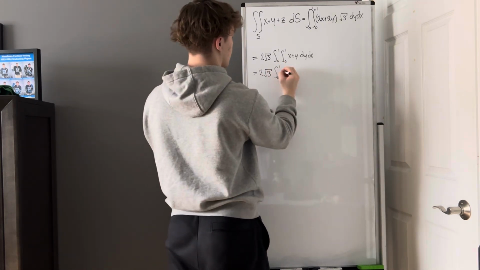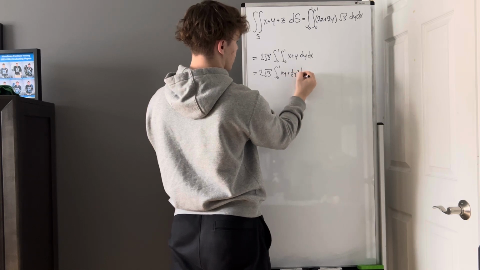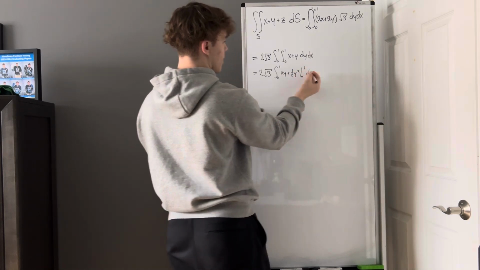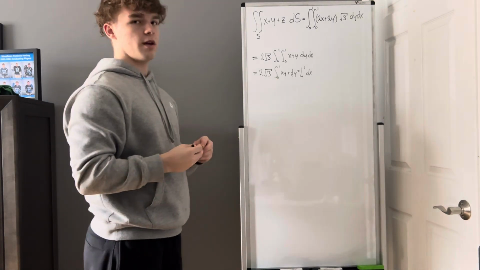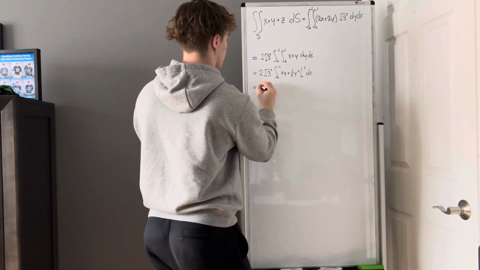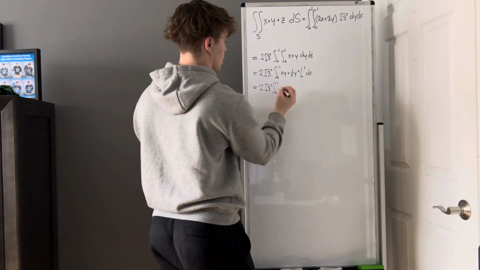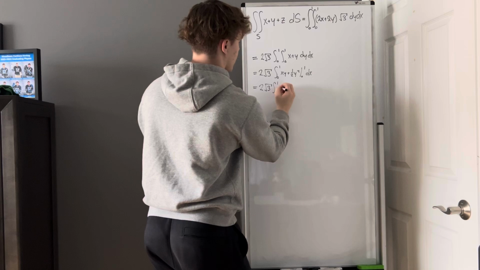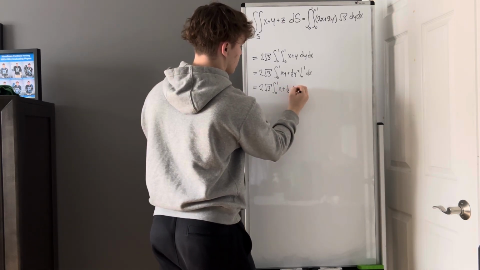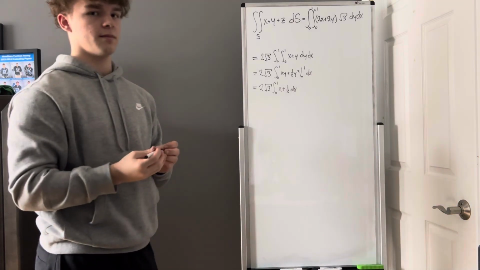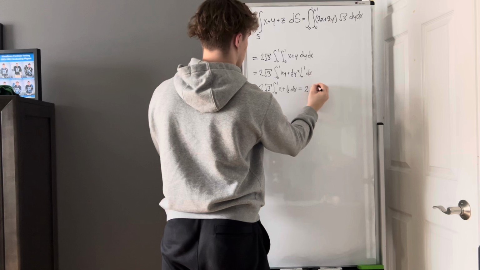We get xy plus 1/2 y squared, evaluated from 0 to 1. Remember our dx because we have not evaluated our x integral yet. This will equal x plus 1/2 dx. Let's integrate with respect to x.